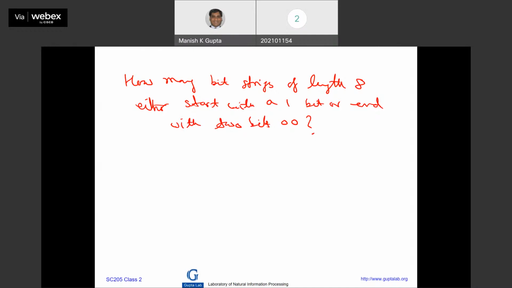First bit is fixed 1, last 2 bits are 0 0. How many such strings are possible? Here we have to apply this principle of counting. How do we count? कोई अगर कर लेता है तो बताओ मेरे को, right?